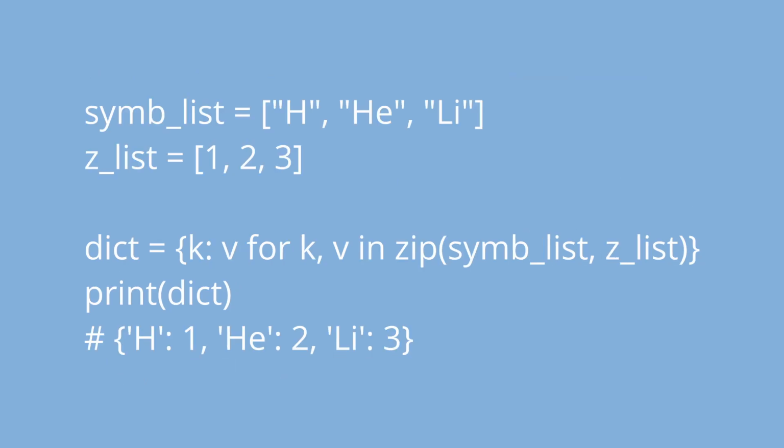Or if keys and values are in separate lists, symlist equals H, HE, LI, zlist equals 1, 2, 3, the zip function can be used in dict comprehension. dict equals {k: v for k, v in zip(symlist, zlist)}. This creates H: 1, HE: 2, LI: 3. We'll use dictionary comprehension more heavily in part 2 for real chemistry applications.